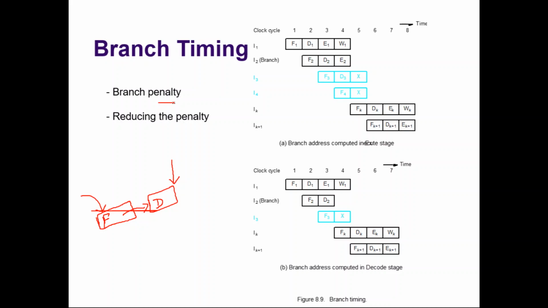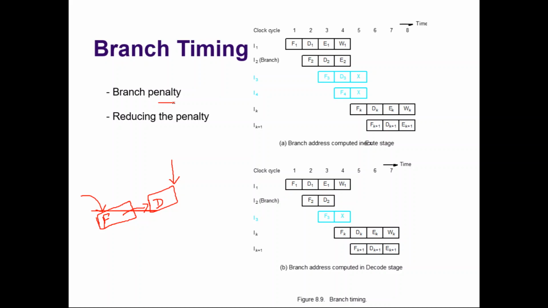So the logic is, if the processor is equipped with a sophisticated fetch unit, then this fetch unit can detect whether the instruction being fetched is a branch instruction or not. If it is a branch instruction, once it is passed on to the decode unit, the decode unit is supposed to fetch the operand.